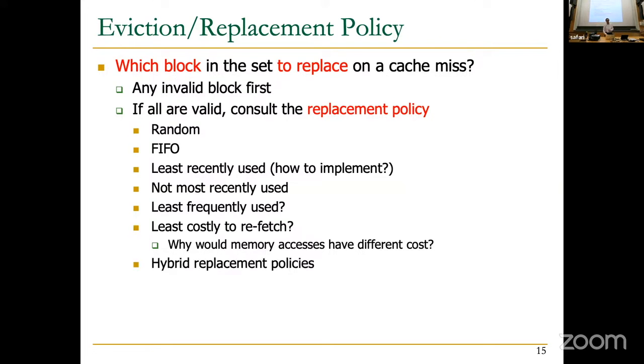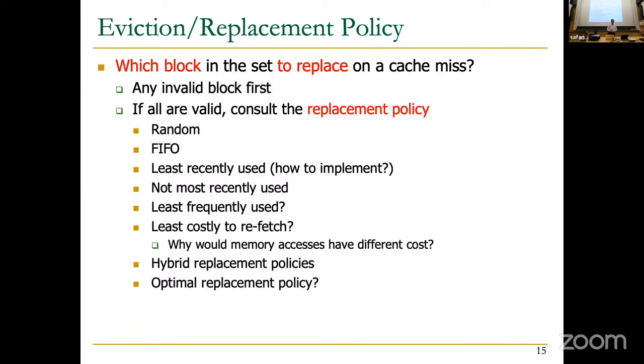And actually, a lot of modern processors implement some sort of hybrid replacement policy that tries to get the best of both worlds. Remember the hybrid branch predictors that use different algorithms to cater for different types of branches? Hybrid replacement policies also exist to cater for different access patterns or different access patterns for different sets or within the same set also. These are some things we're not going to discuss in detail, but you can imagine these things.